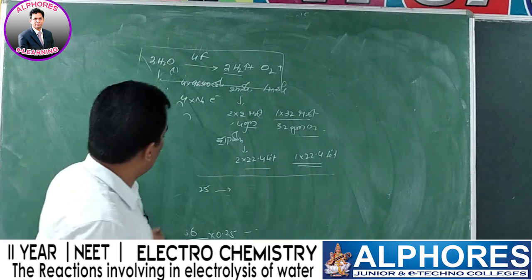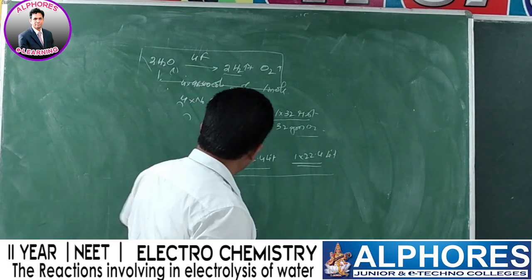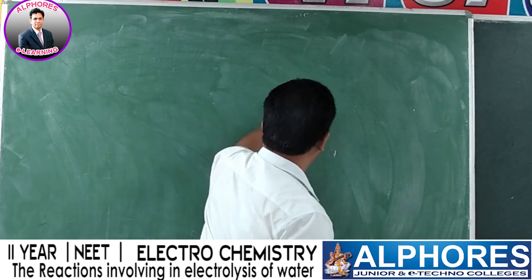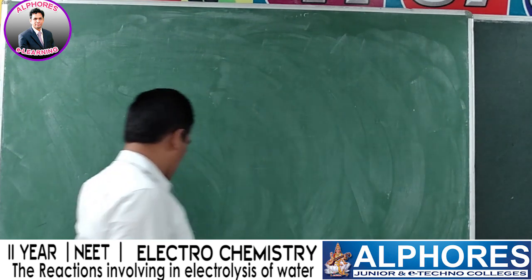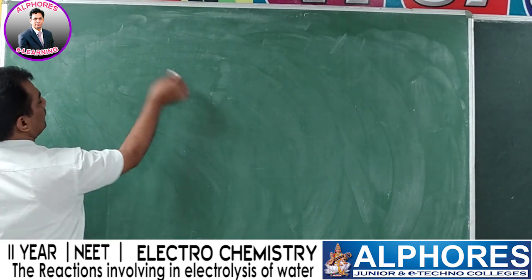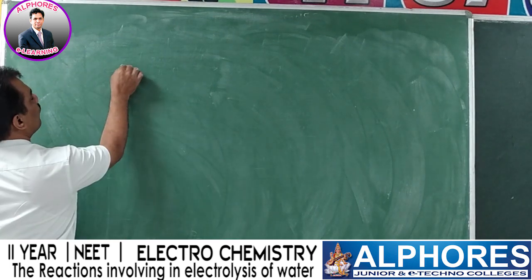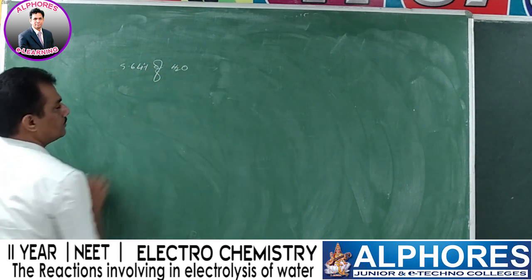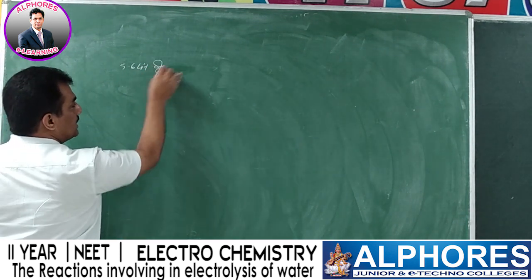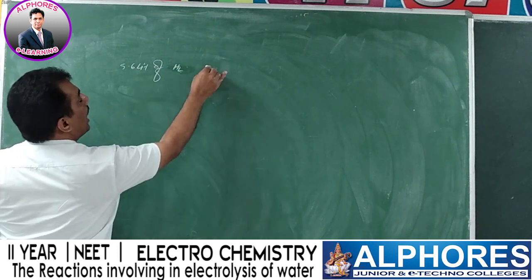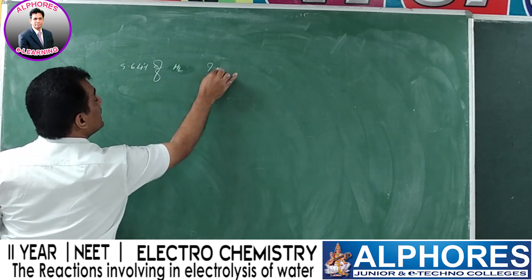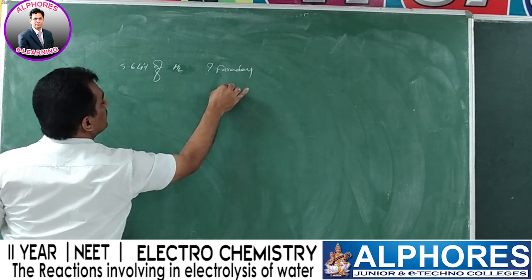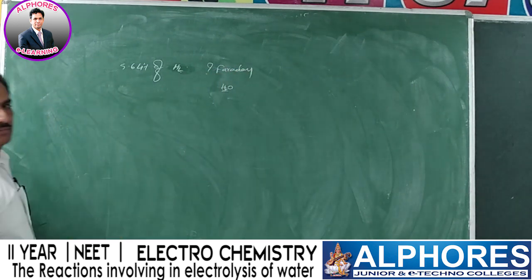Now in case they ask like this: to get 5.6 liters of hydrogen, how many Faradays of current do we have to use for the electrolysis of water? Again I am repeating, to get 5.6 liters of hydrogen at STP, how many Faradays of current has to be used for the electrolysis of water?